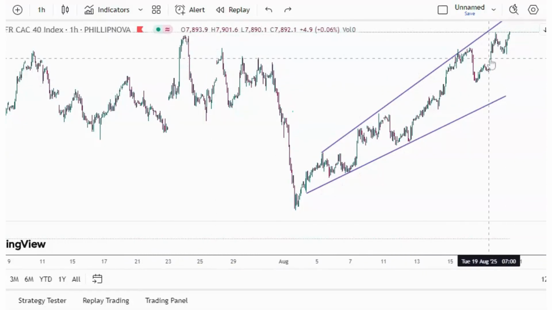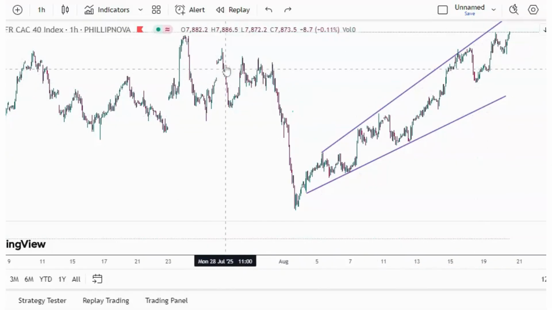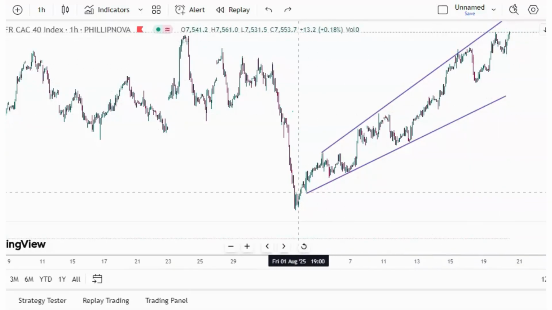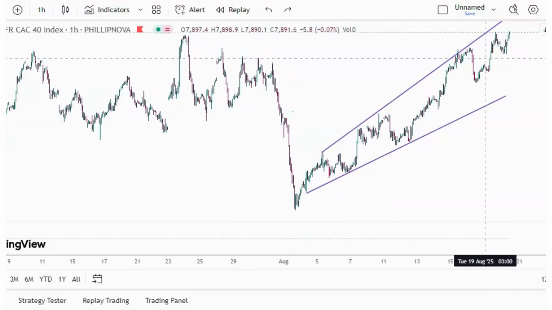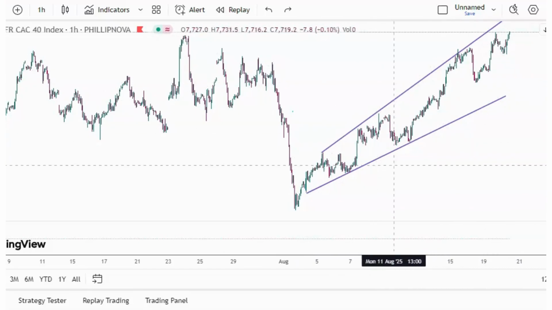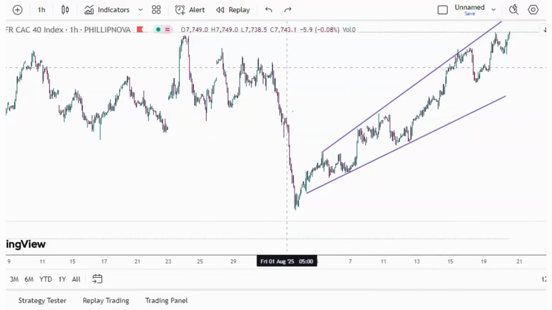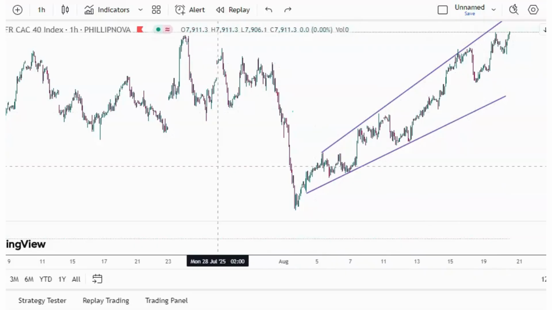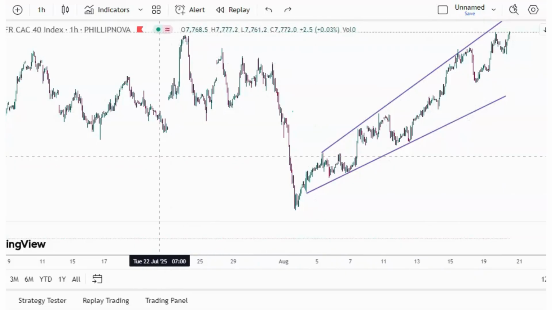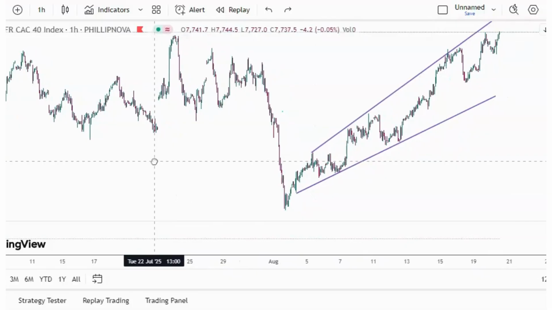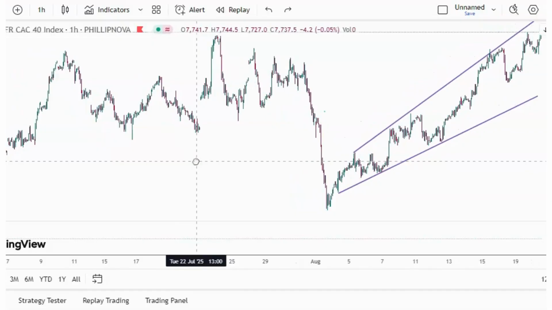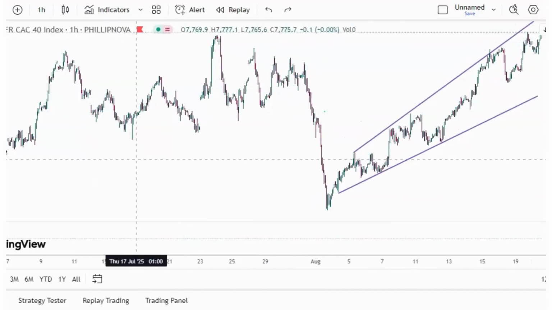At this very critical point, you can't start a trade. You have to wait to see whether the expanding wedge is going to continue, or the price is going to break the previous resistance and disrupt this wedge. So I'm going to advise you not to enter and wait to see what's going to happen.